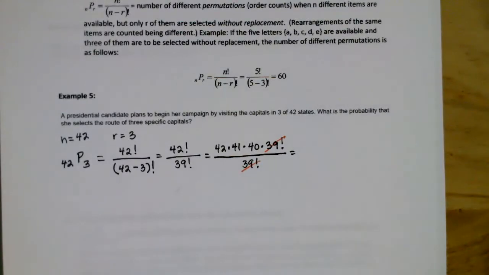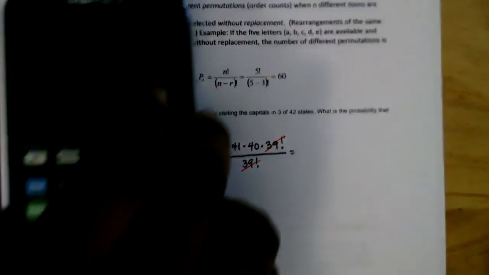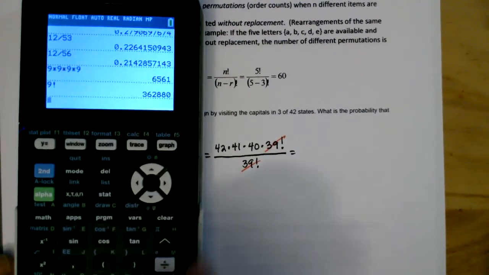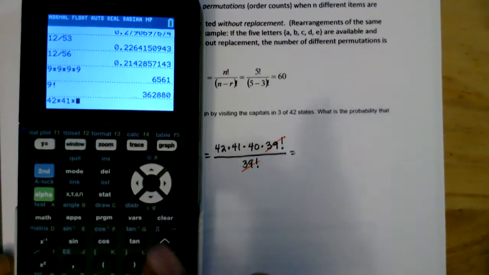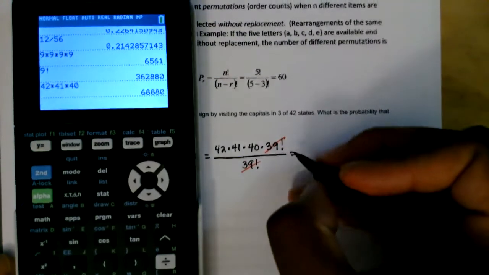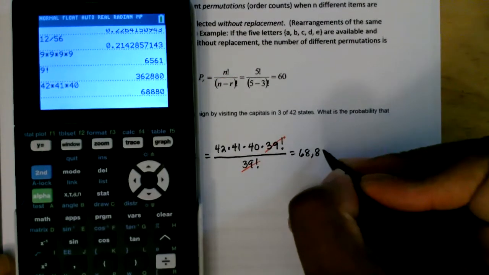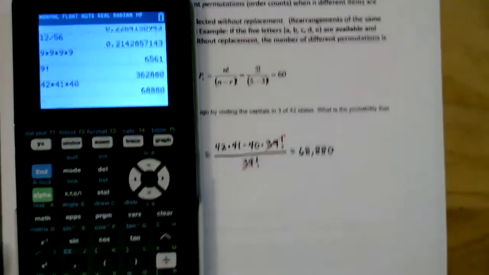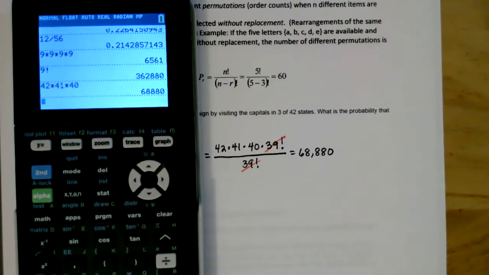All I'll be left with is multiplying 42 times 41 times 40. And this will give me 68,880. So that's 68,880 ways of visiting 3 capitals in 42 states.